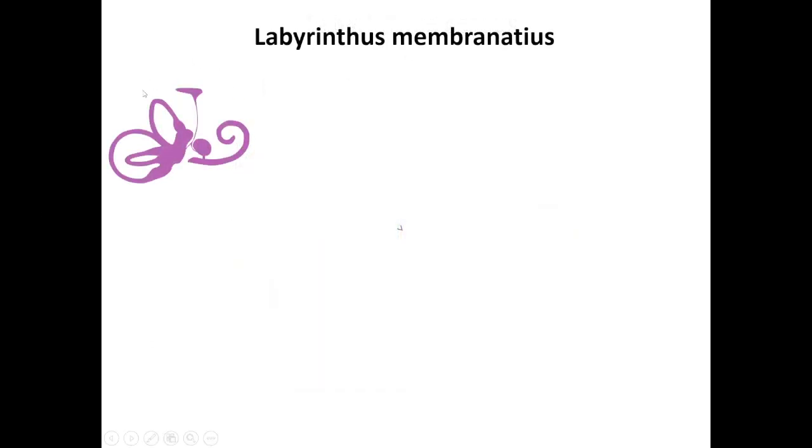And now, what is it? Labyrinthus membranaceus. Let's try to write it down together. First portion, number one, ductus cochlearis. Ductus cochlearis is inserted inside of the cochlea.